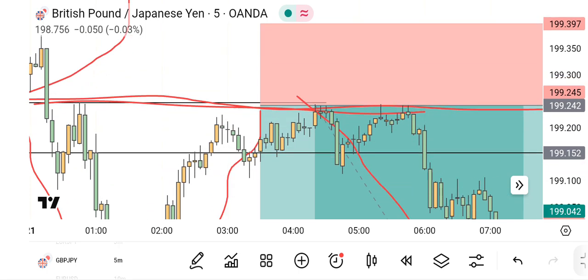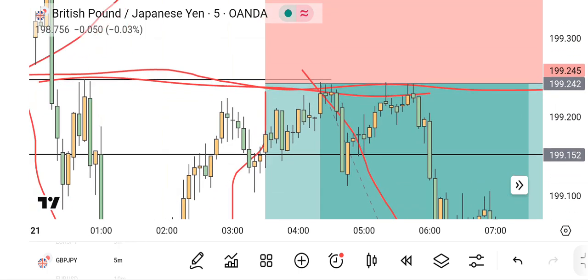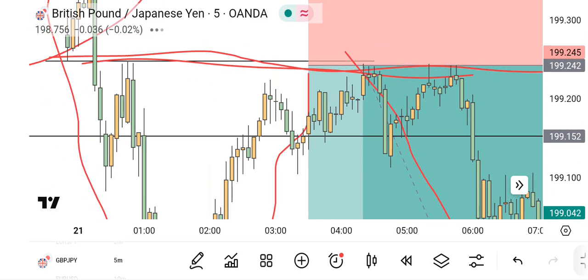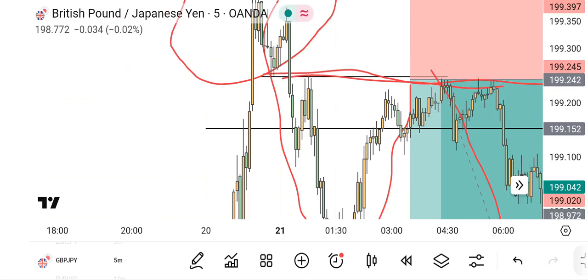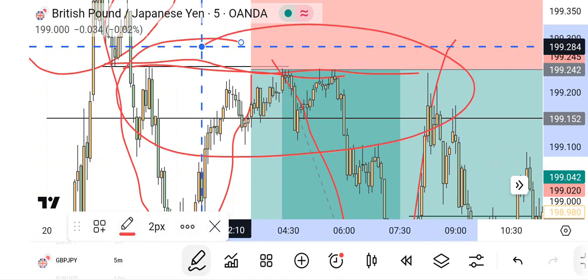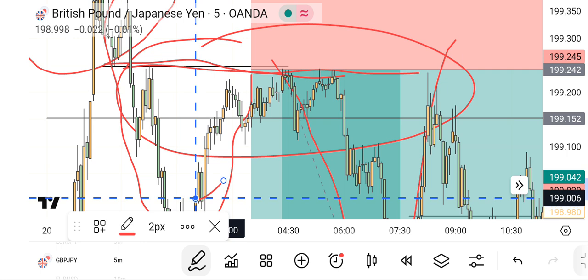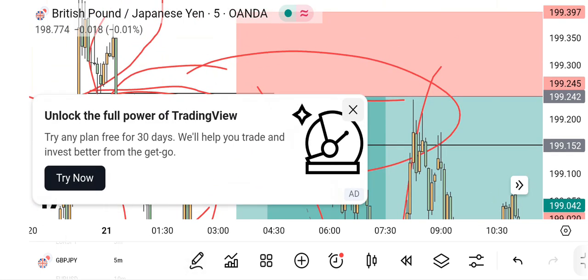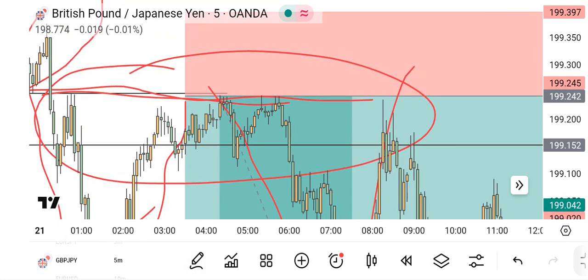I have my point of interest to be this zone. This is my point of interest. So I'm only looking for the confirmation for the sell. So I went down to the 5 minutes time frame.